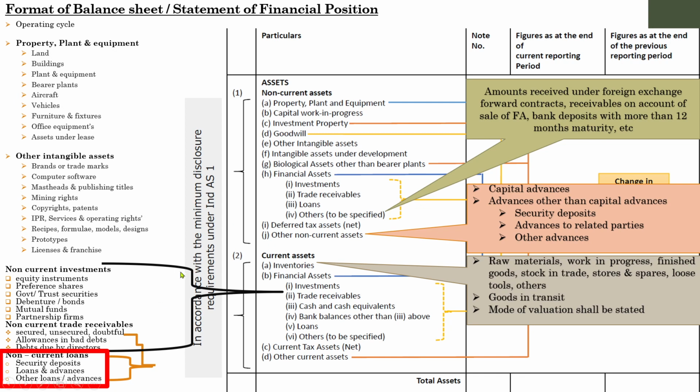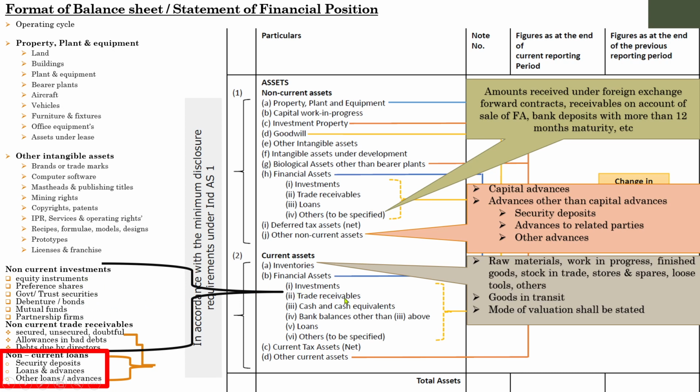So that is why these items again come under these categories. So I am not writing the items again. The thing is, equity instruments, preference shares, government securities, debentures, mutual funds, partnership firms, all these come under investments also, but it is known as current investment. The period of this investment will be less than 12 months.